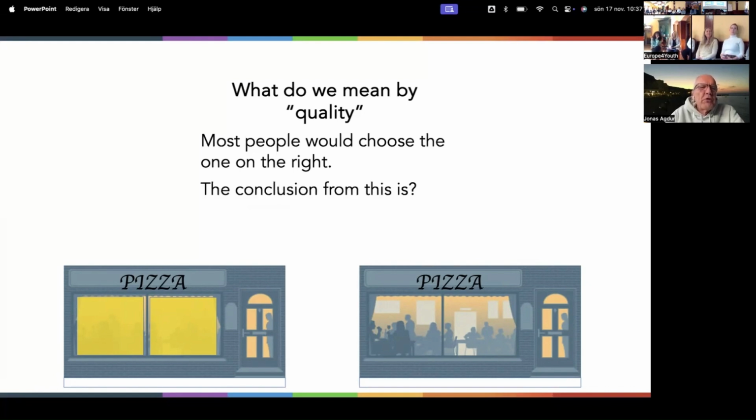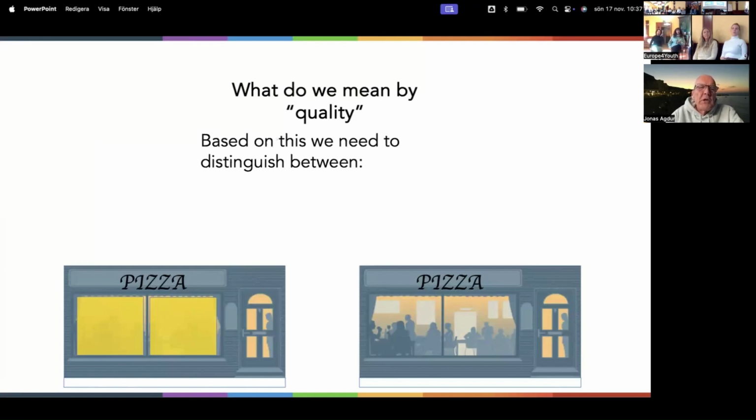What is the conclusion from this? The conclusion is that quantity might be a quality. For you, it's a qualitative thing that there are other people eating in this pizzeria. You sit among other people, so you don't sit alone at a table at the pizzeria on the left-hand side. Quantity might be a quality.